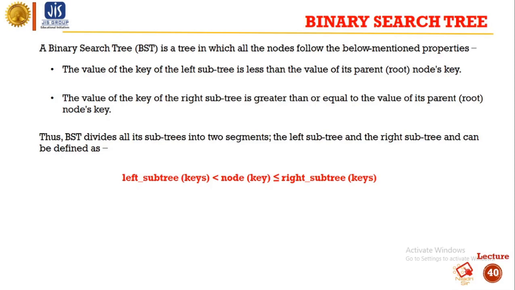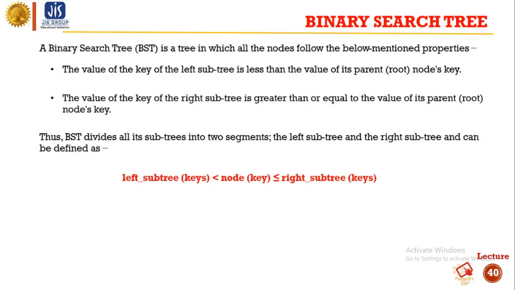Now, what are the advantages of using a binary search tree? Searching becomes very efficient in a binary search tree since we get a hint at each step about which subtree contains the desired element. The binary search tree is considered an efficient data structure compared to arrays and linked lists.